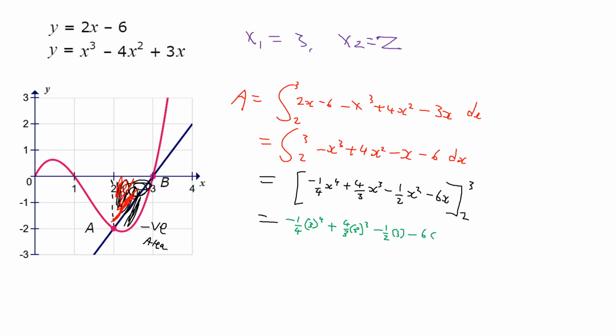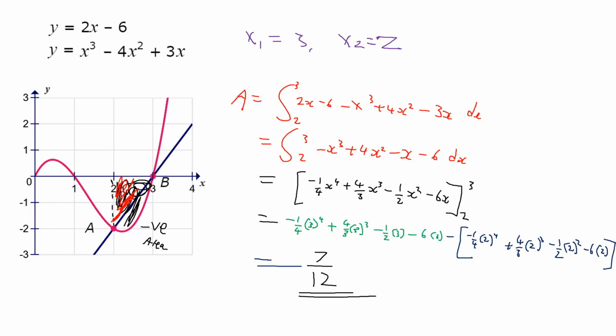And we're minusing 6 times 3. We're then going to subtract all of that from minus a quarter times 2 to the 4 plus 4 over 3 times 2 to the 3 minus a half times 2 to the 2 minus 6 times 2. And we're left with 7/12. And that is our final answer.